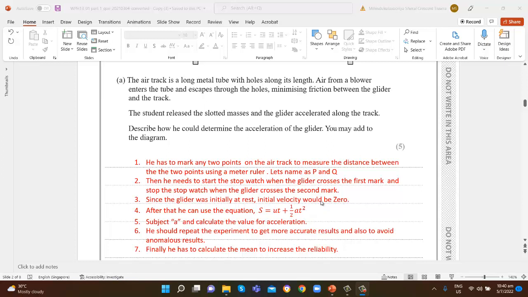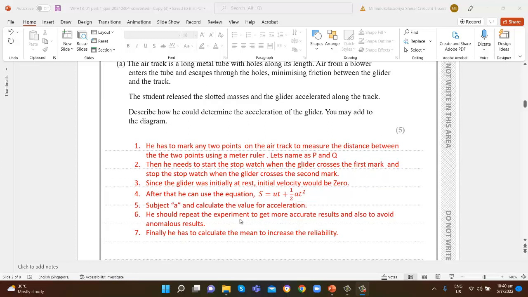Because your idea is to find s, so you are going to use s equals ut plus half at squared. When initial velocity is 0, this part is going to be 0. Very easy to calculate a. When you subject a, it is going to be 2s over t squared when you cross multiply. So subject a and calculate the value of acceleration.